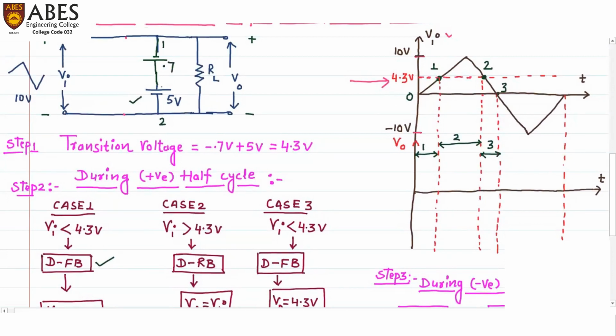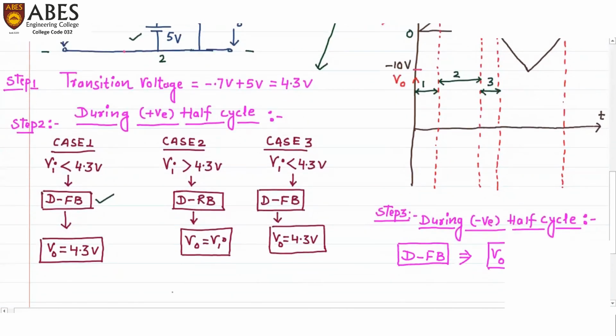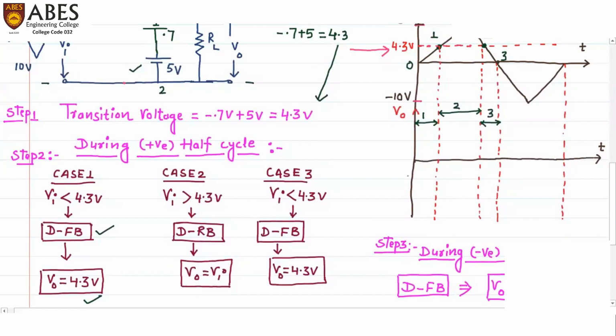So the voltage between point number 1 and 2 will be minus 0.7 and plus 5, which comes out to 4.3 volts, equal to the transition voltage. So in case number 1, V0 will be equal to the transition voltage, 4.3. Let's mark it on the output waveform. During the positive half cycle, the output voltage is plus 4.3. So let's mark it. This is 4.3.